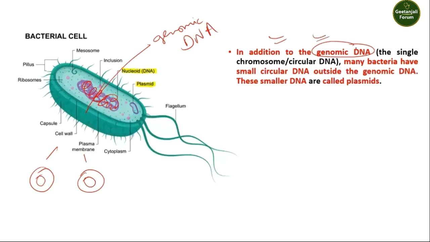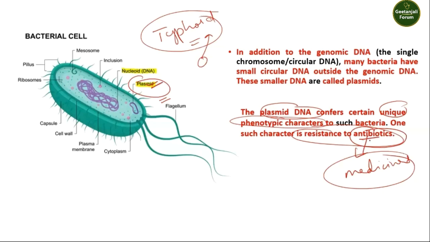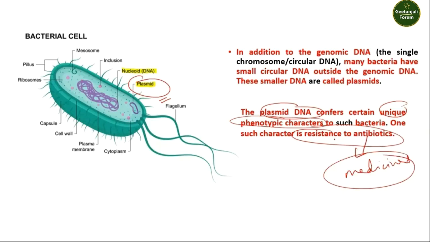But other than this genomic DNA, many bacteria contain smaller DNA outside the genomic DNA. This is genomic DNA, but there is also circular DNA, which is known as plasmid. This plasmid has DNA inside it, and this plasmid DNA has more special functions. It provides some unique phenotypic character to the bacteria. This plasmid develops resistance against antibiotics. Whenever we get any bacterial infection, we take medicine for it.